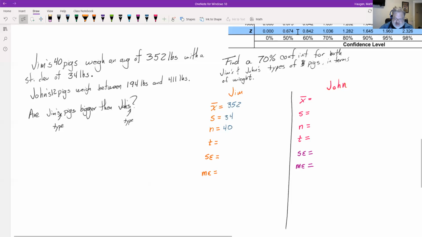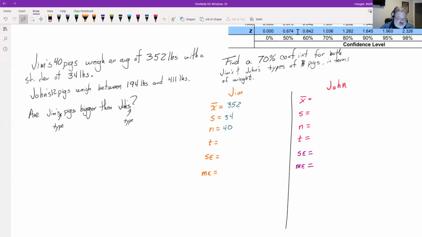So what's the problem with John's data? Let's see. His sample size is too small if it's not normally distributed. I presume pig weight is pretty normally distributed, so let's give Jim that assumption.